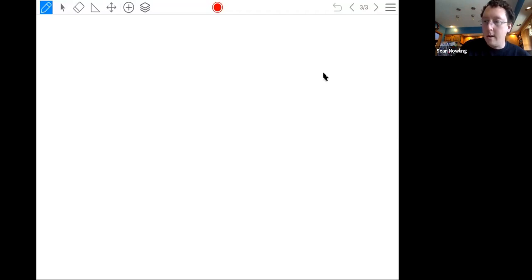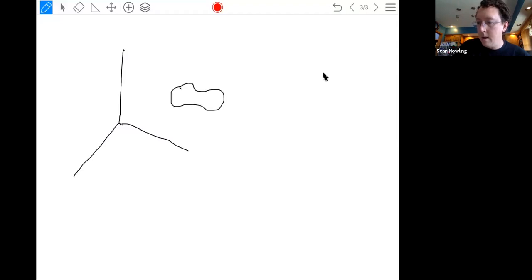So I have Z, X, and Y. And then I'm going to imagine I've got some random shape here, some random object. And I'm going to imagine there's some axis of rotation. Oh, I have to change tools here, I think.